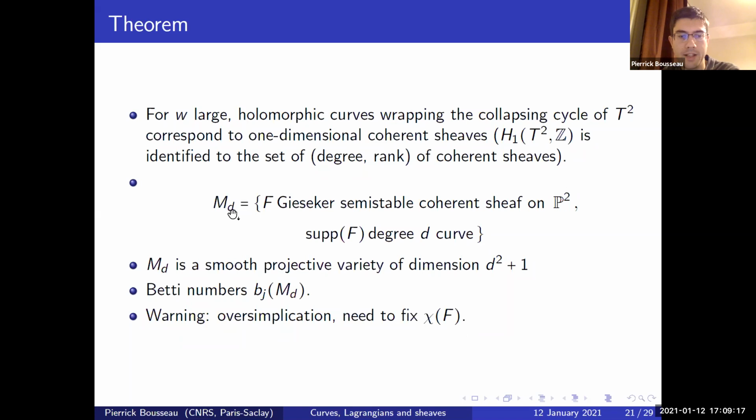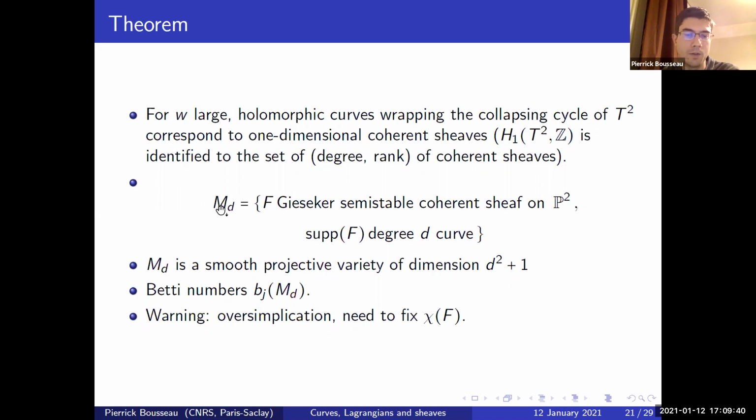When D and chi are coprime, the moduli space is smooth, and I'm really looking at Betti numbers. But when D and chi are not coprime, this moduli space is singular. And in fact, what I'm really looking at are Betti numbers of the intersection cohomology.